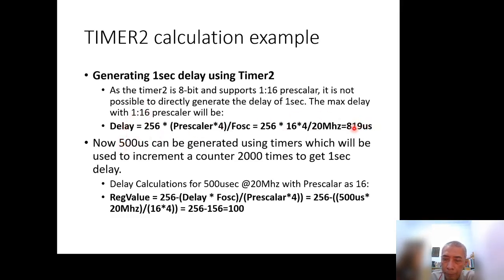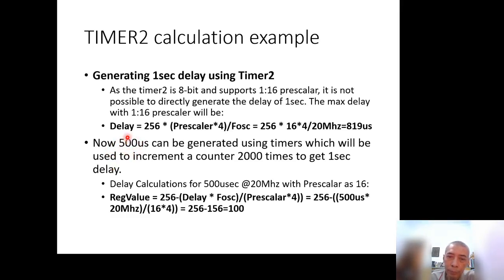Now, we can make it 500 microseconds. So we can make the timer delay 500 microseconds, and repeat it 2000 times to get 1 second.